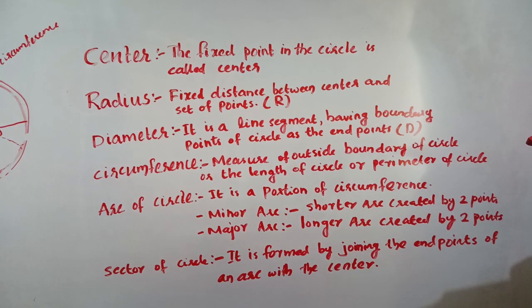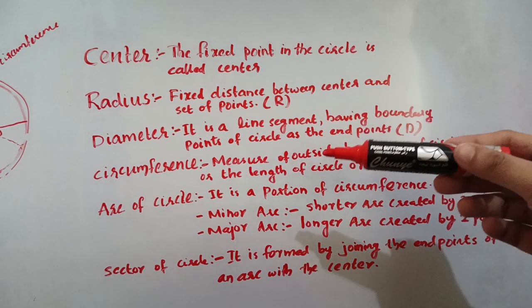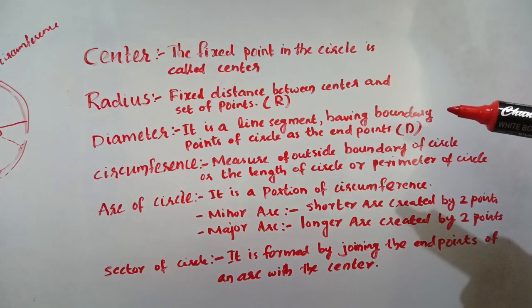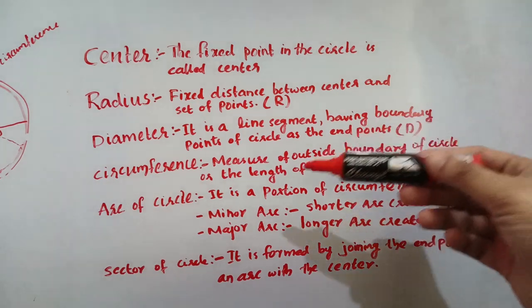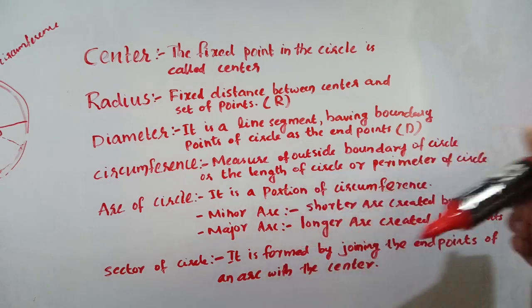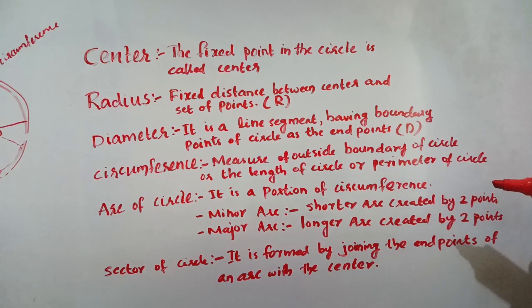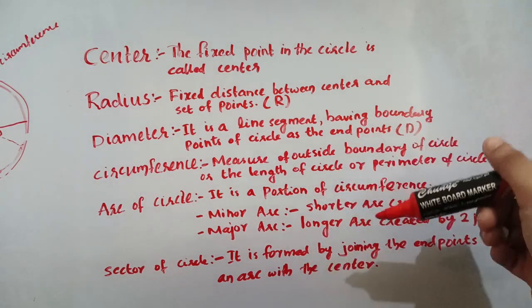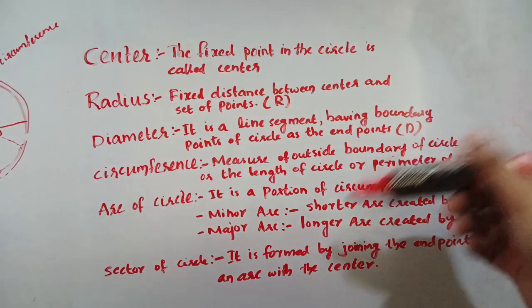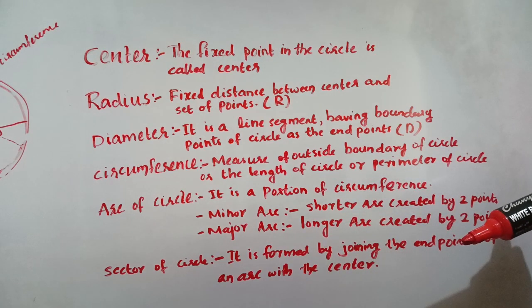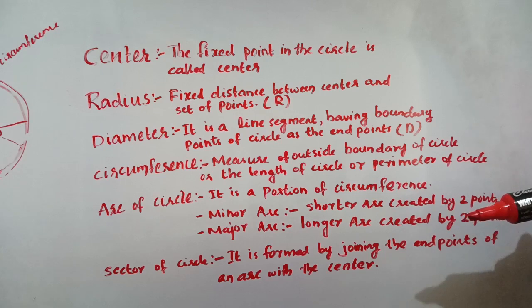Measure of outside boundary of circle or length of circle, or it is a perimeter of circle. Then arc of circle. It is a portion of circumference. There are two types of arc, minor arc and major arc. The shorter arc created by 2 points are minor arc. The longer arc created by 2 points are major arc. Next, sector of circle. It is formed by joining the endpoints of an arc with the center.